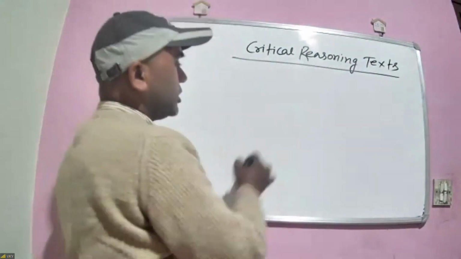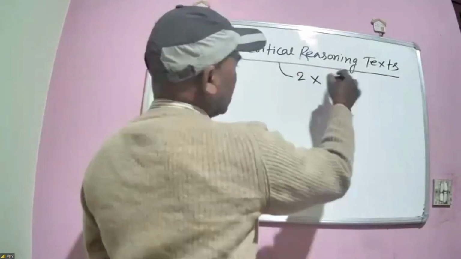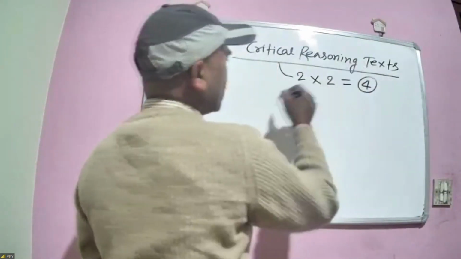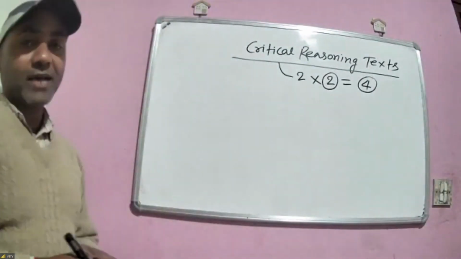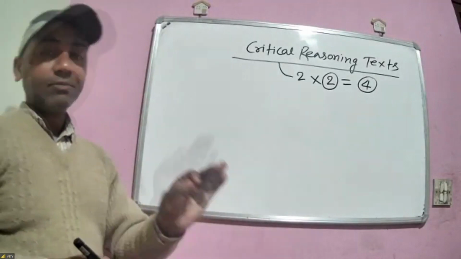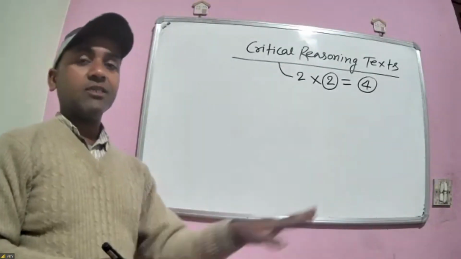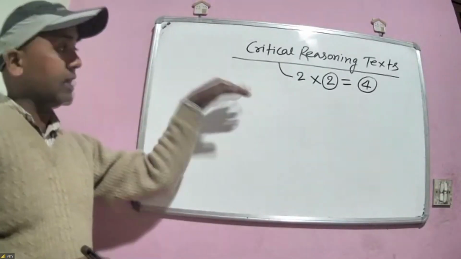From this, you have two questions, each with 2 marks, so 4 marks for a passage. Two passages will be there. Sometimes only 1 passage is given with 2 questions, and sometimes 2 separate passages with one question below each passage.